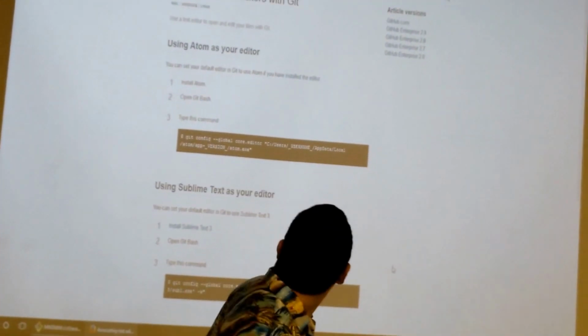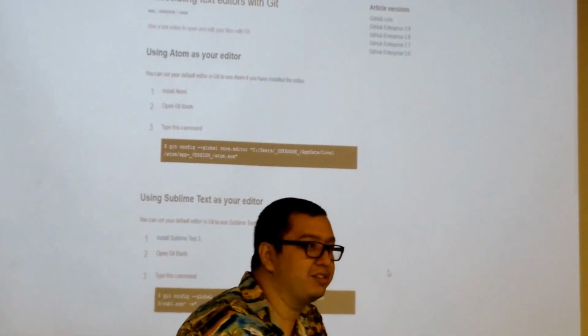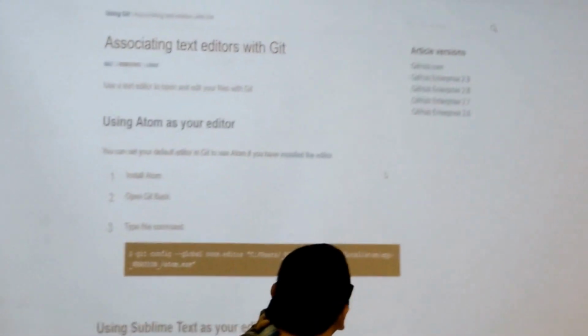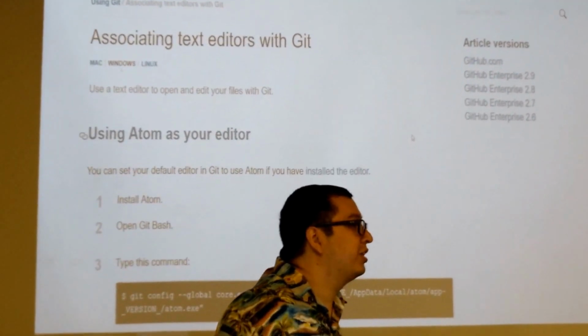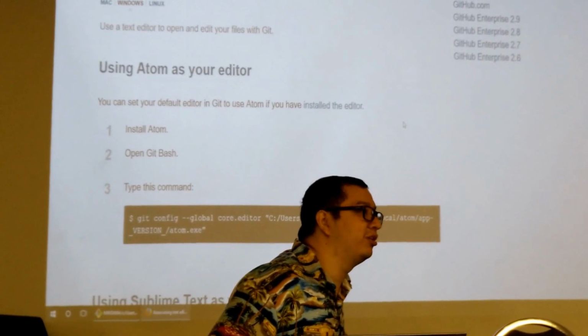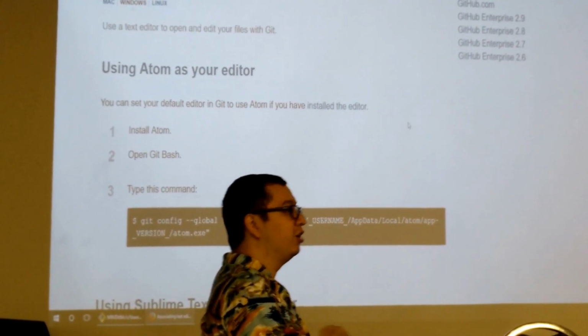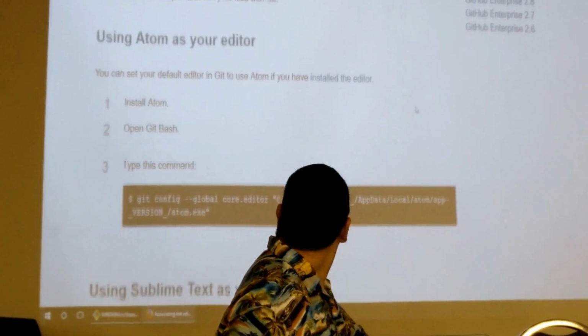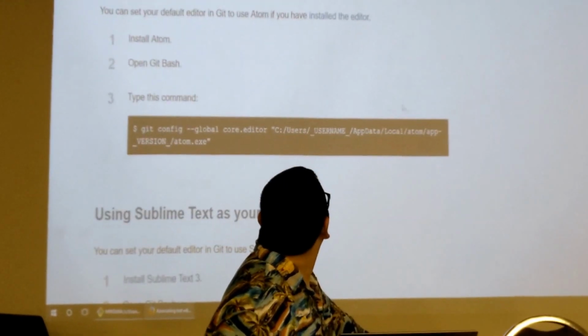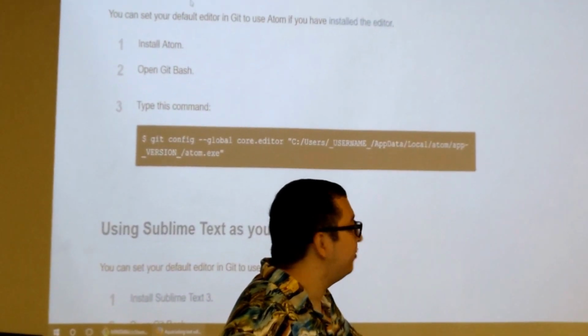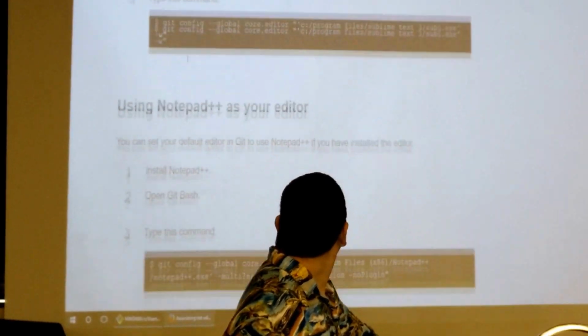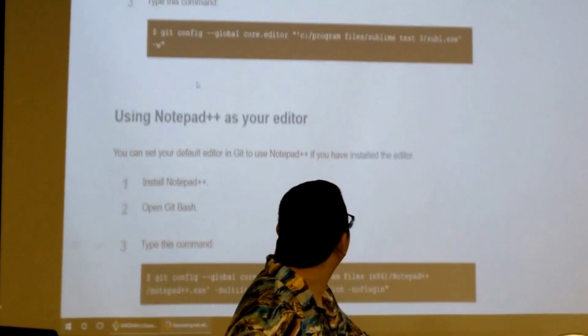Yeah. All right. So I slacked out these two links about how to associate different text editors with Git, so you don't have to know the weird shortcuts with the escape keys and Control C and colon wq. This lets you know how to set Atom or Sublime or Notepad++ as your editor.